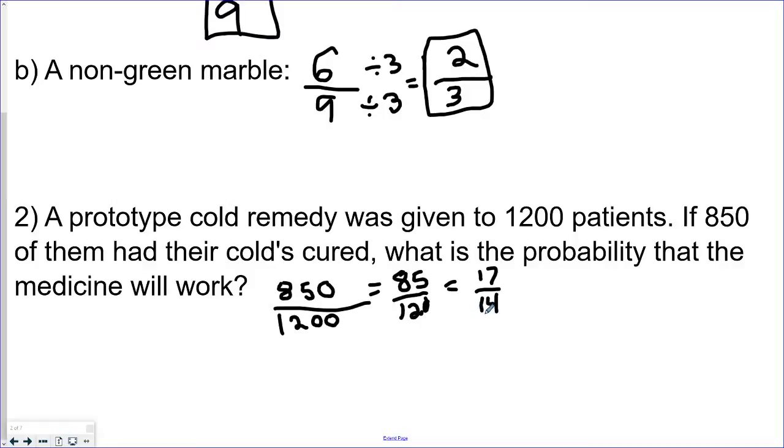Got the right last number, but the wrong first number. And I don't believe this can be reduced anymore. So that would be where we're at.